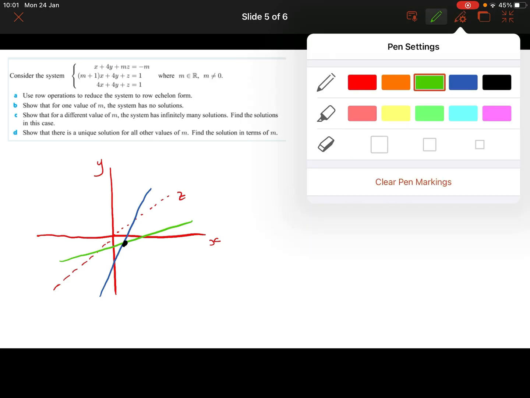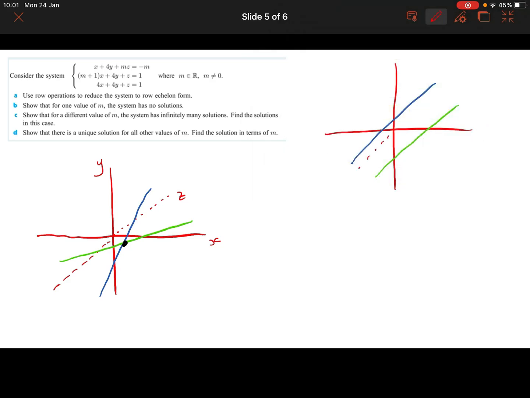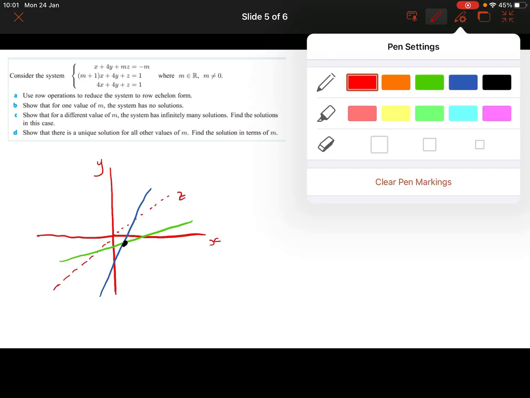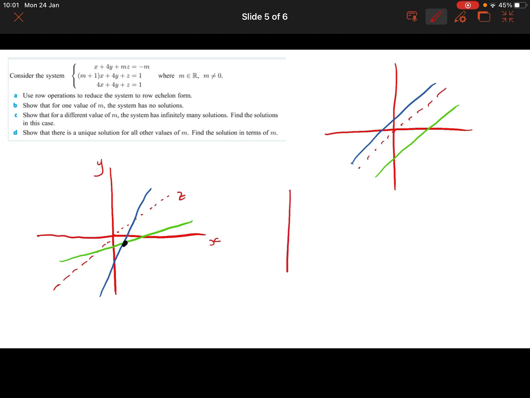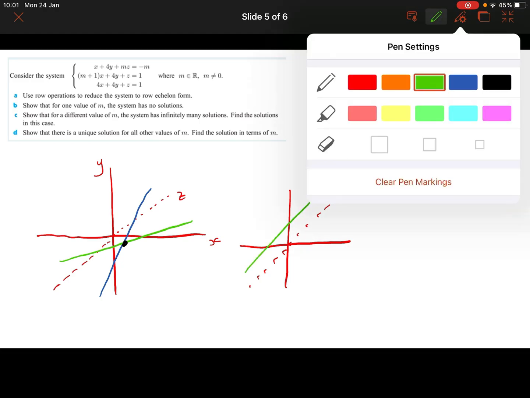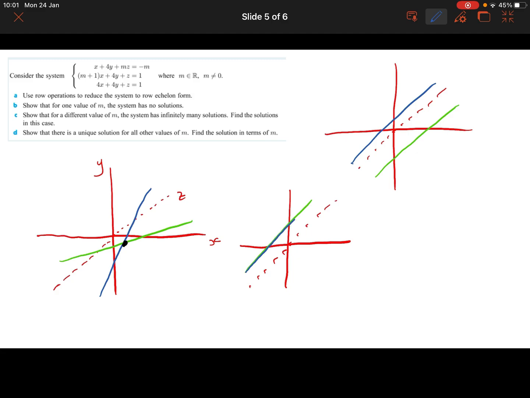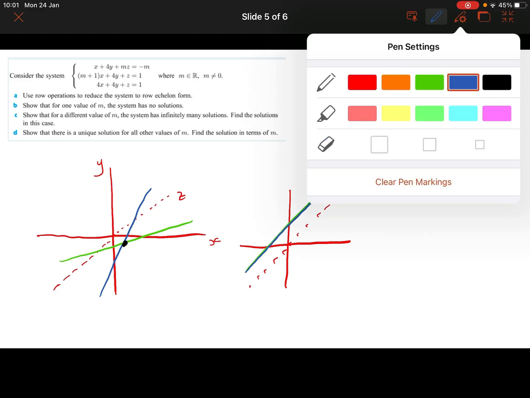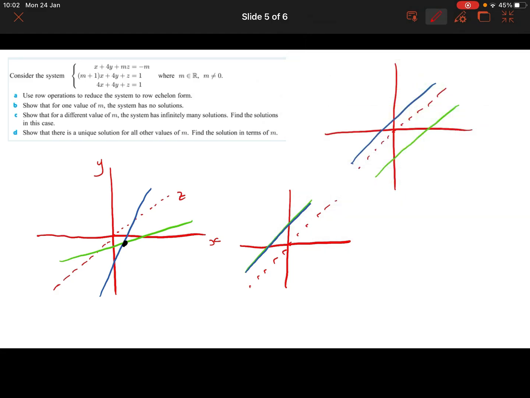Let's just put in the 3rd dimension. So they could be parallel. What else could happen? They could be the same line. So there's a line. But in 3 dimensions there is a 4th option, which is this.